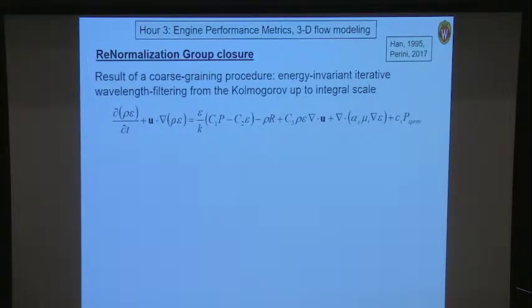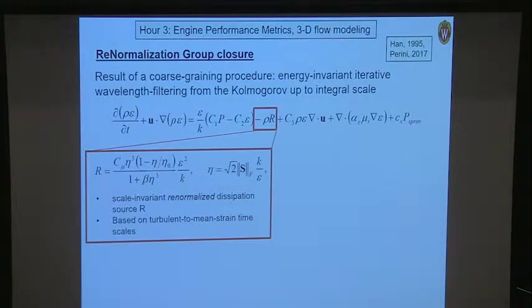And then the RNG model is a renormalization group closure model, which essentially applies to the epsilon equation, the dissipation rate equation, and gives you more insight into the parameters involved. So for example, a new term is added to the epsilon equation, which essentially is driven by the ratio of the flow timescales and the turbulence timescale.